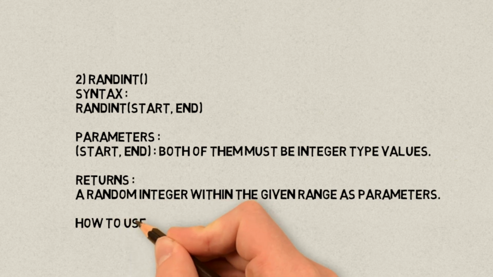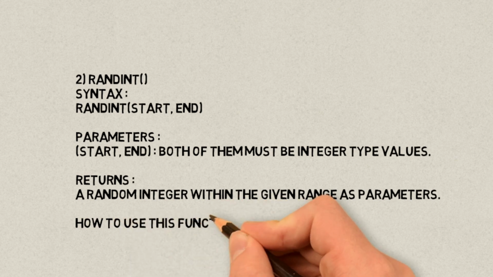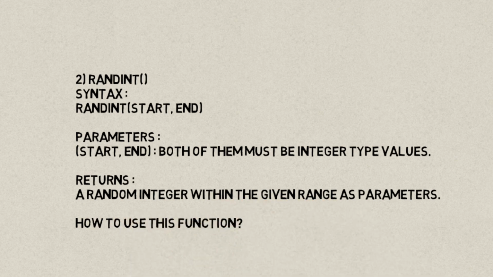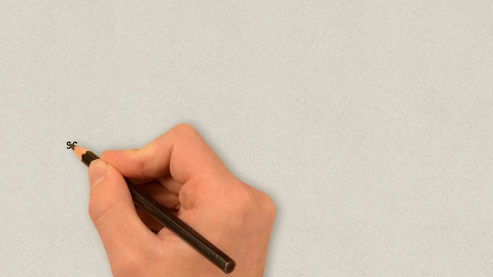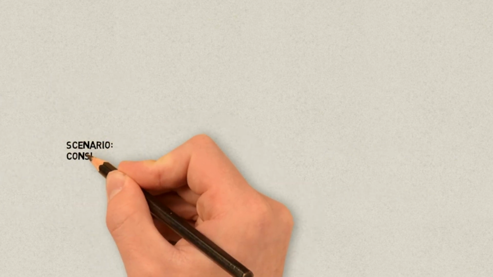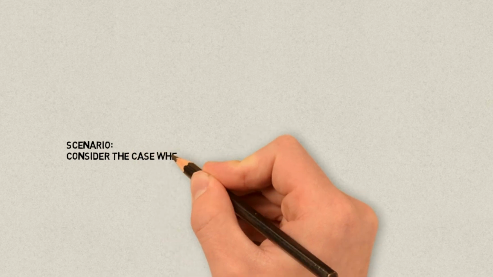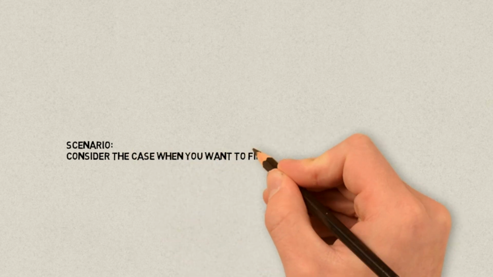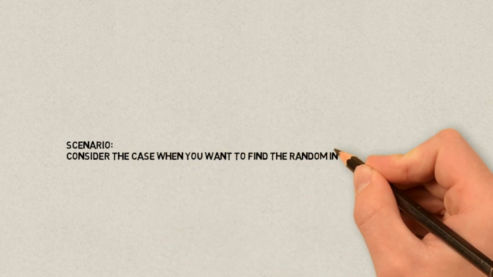How to use this function now? Consider a scenario when you want to find a random number between 1 and 15 or 1 and 100.